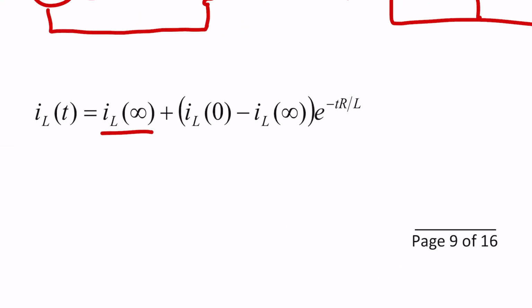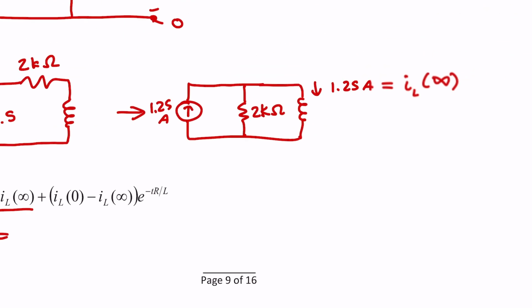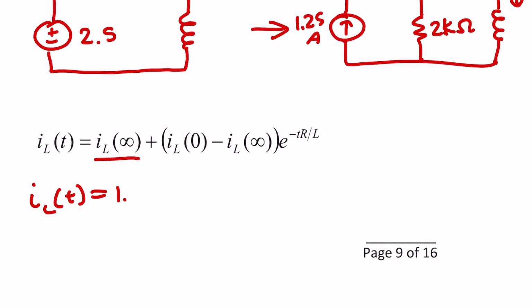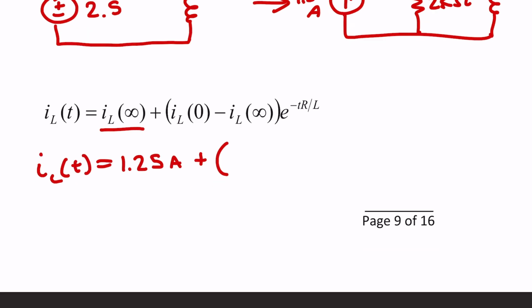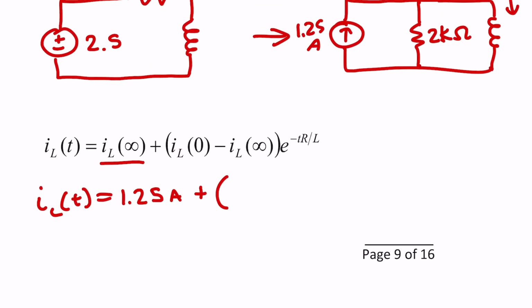So we can continue plugging in. I of L of T is equal to, what did we say it was? That's right, 1.25 amps plus, what is it at 0? Remember, we found that in the last part. We know it's 0 minus, same thing from earlier, 1.25 amps. Actually, it's milliamps. I had the units wrong on this one. It's milliamps.